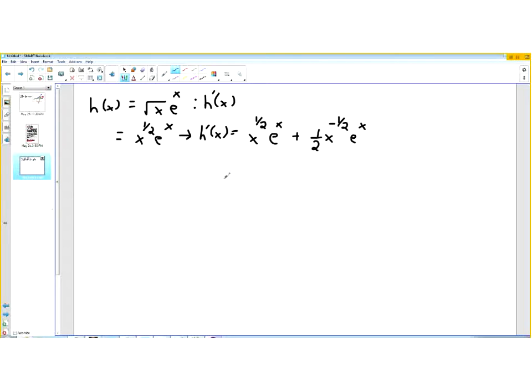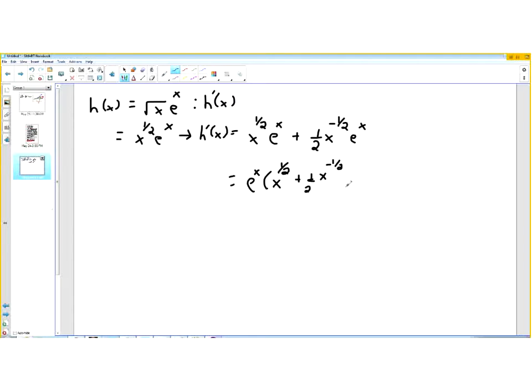Let me show you how you can simplify this. We can factor out e to the x times x to the 1/2 plus 1/2 x to the negative 1/2.